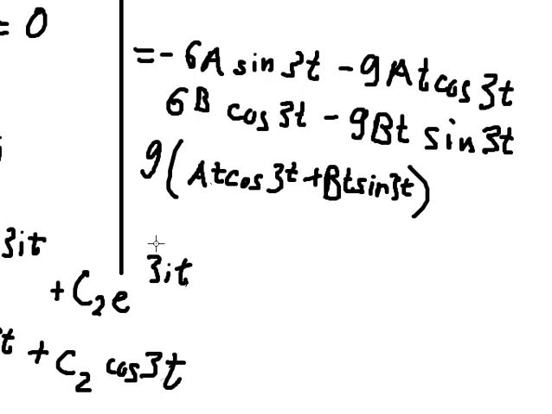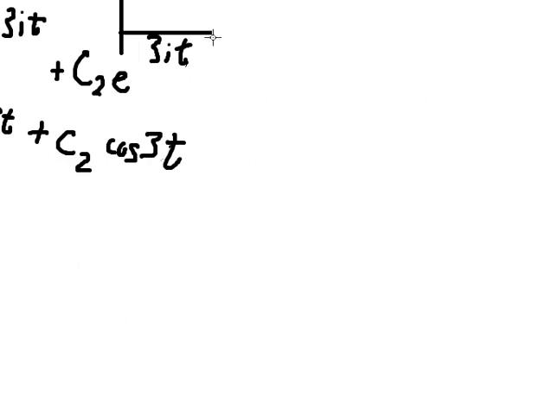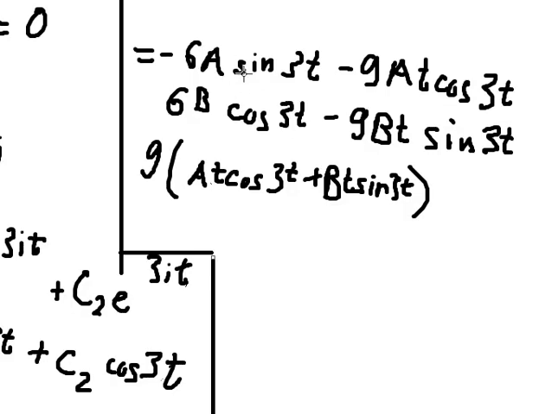So now we need to collect in terms of sine 3t, t cosine 3t, cosine 3t, and t sine 3t. So about sine 3t, we just have only this one. About 9at cosine 3t, we can see that we have 9at cosine 3t with negative 9at cosine 3t.